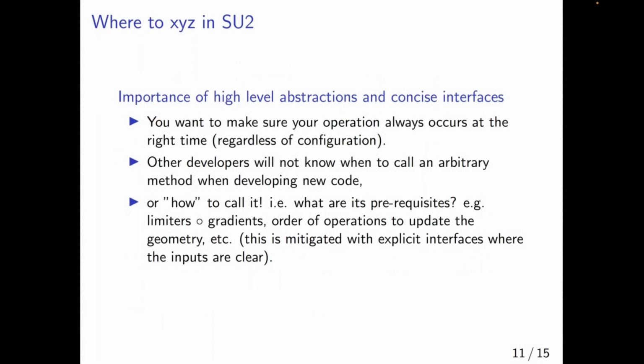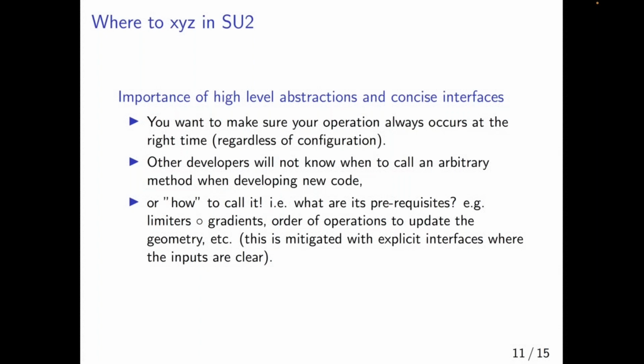So you want to make sure that the operation you're putting in occurs at the right time, so that you're not lagging things, for example. You don't want to put something in the post-processing and then it's one iteration behind because it should have been way before.